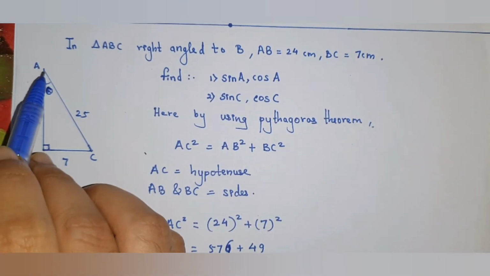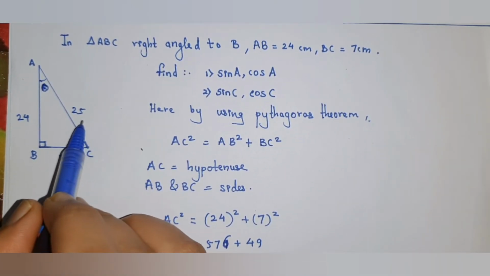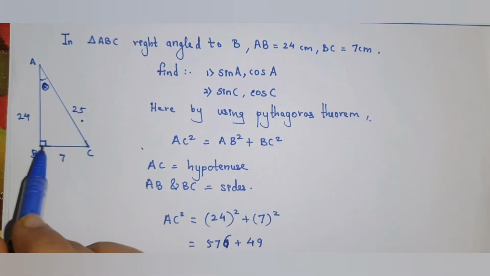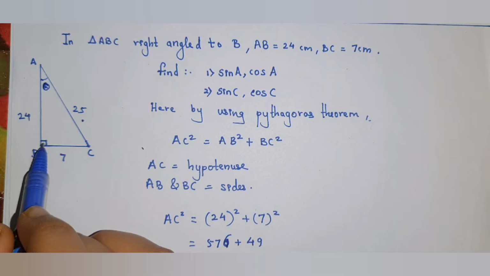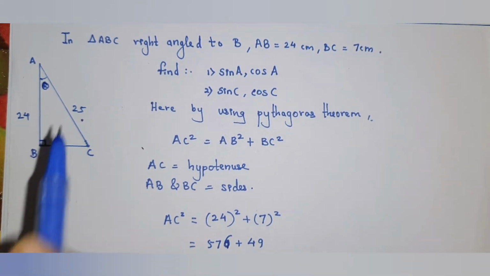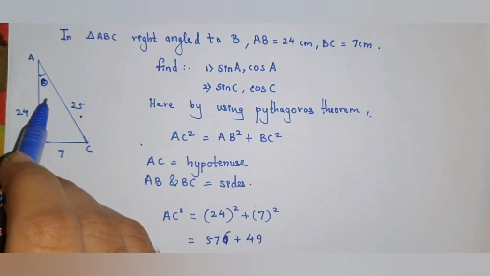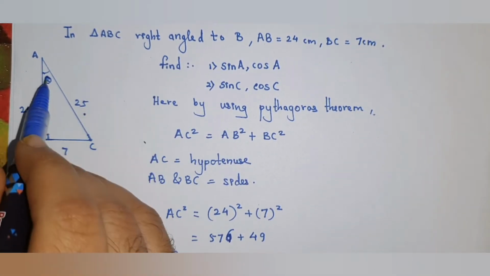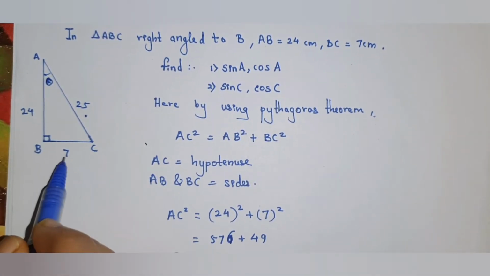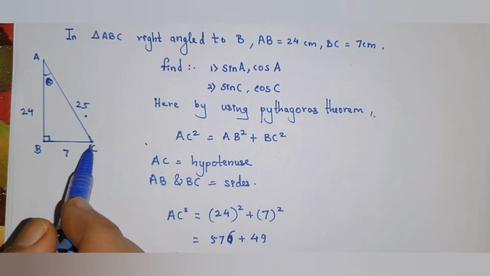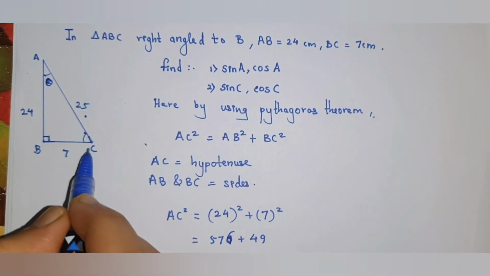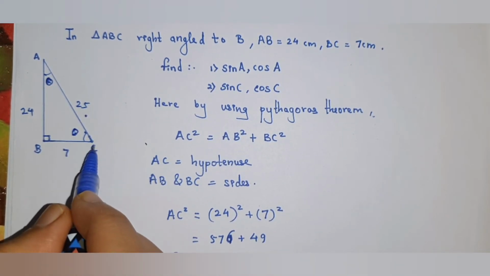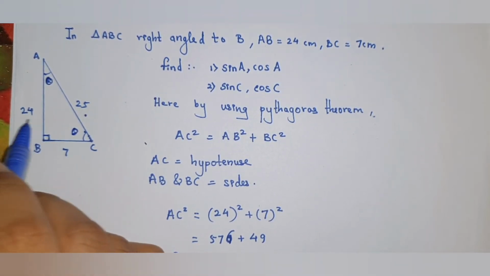See, for angle A, AC is the hypotenuse, and the hypotenuse doesn't change, as this is opposite to the 90-degree angle. Theta changes accordingly, and the values of opposite and adjacent sides change. Here, the opposite side is BC, but for this angle theta of C, this will be the opposite side.